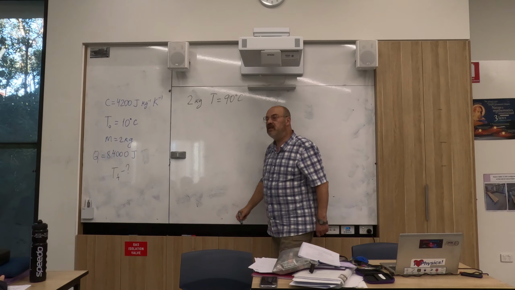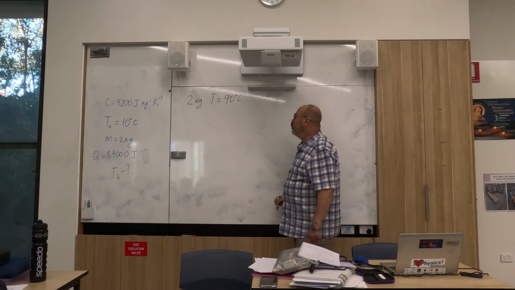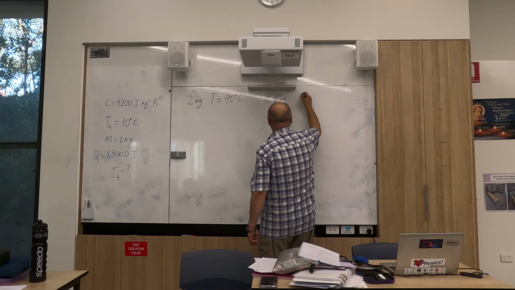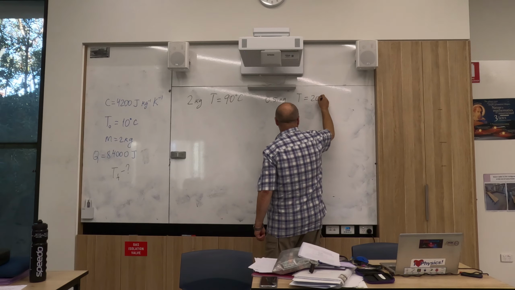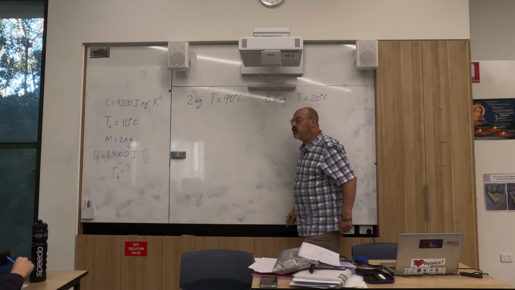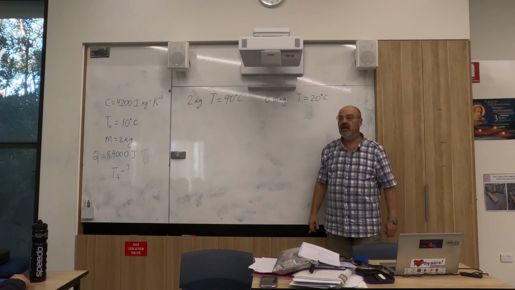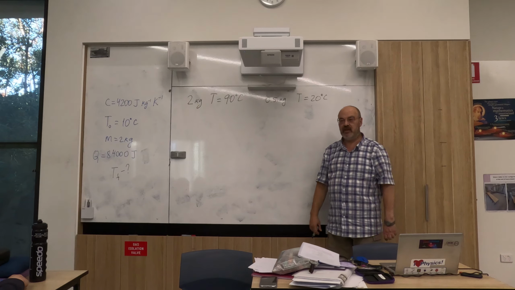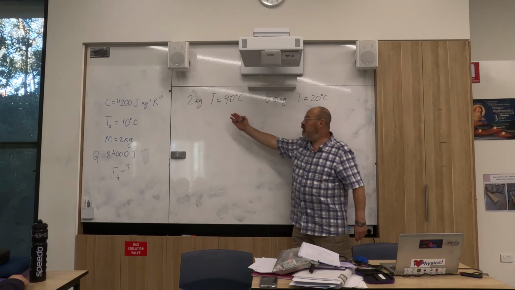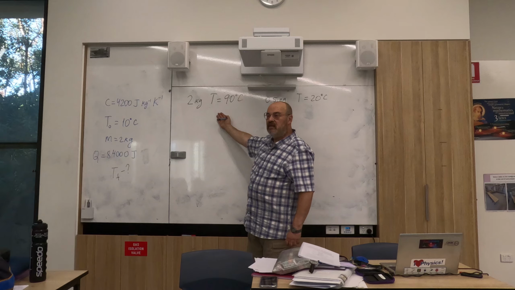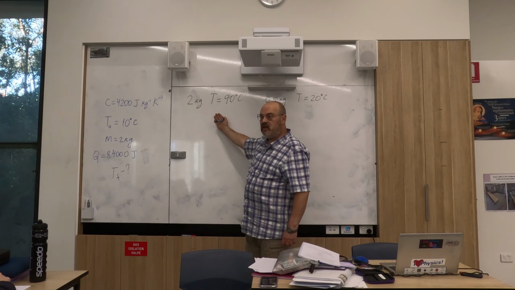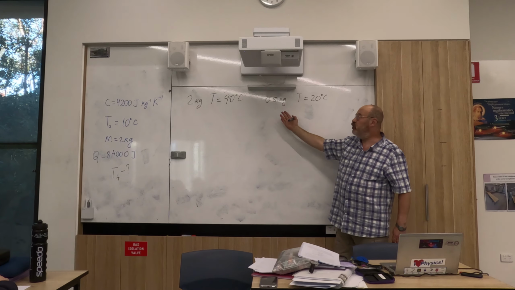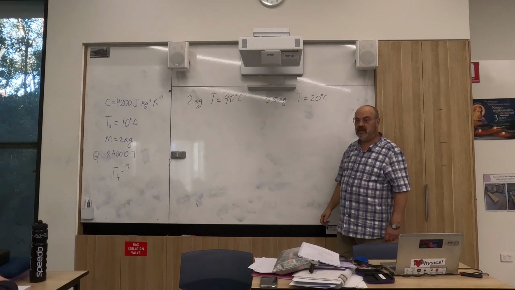And we mixed it with a 0.5 kilogram of water with a temperature equal 20 degrees Celsius. The question is, what will be the final temperature of this mixture? So we mix 2 kilograms of water at 90 degrees Celsius with a half kilogram of water at 20 degrees.